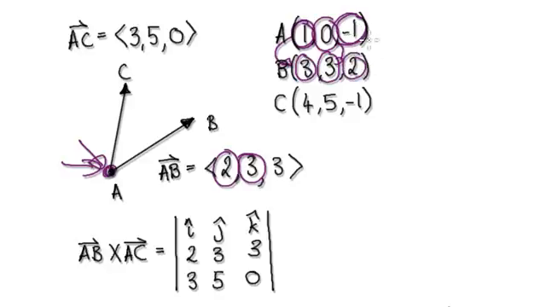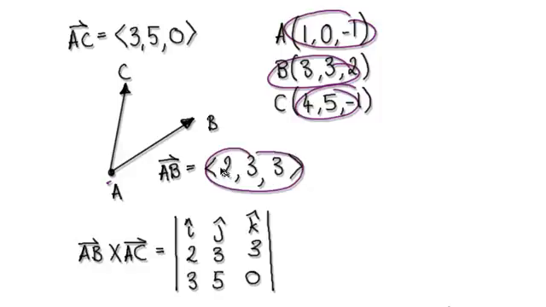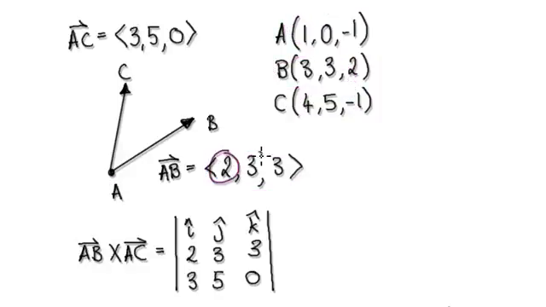How would you get to 2? Well, you need to move 3 in the positive direction. So from A to B, this would be your vector. Remember, these are just points. So you will need to move 2 across, 3 across in the y direction, and 3 up.